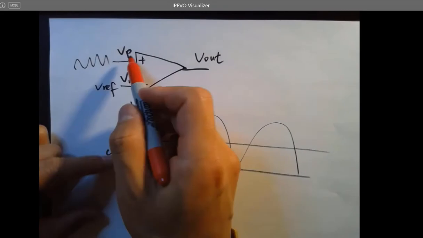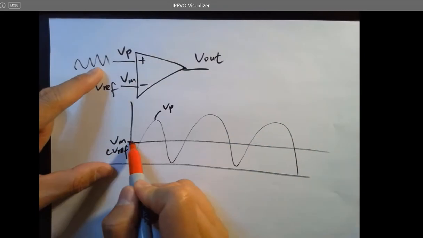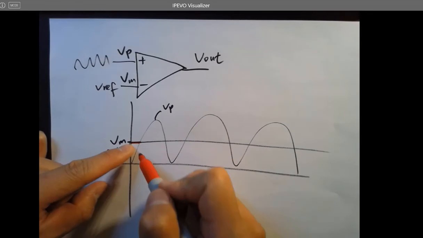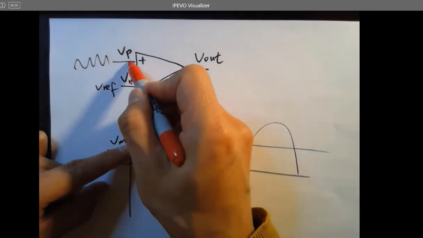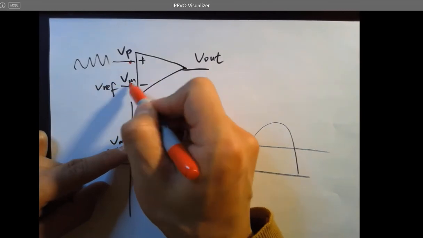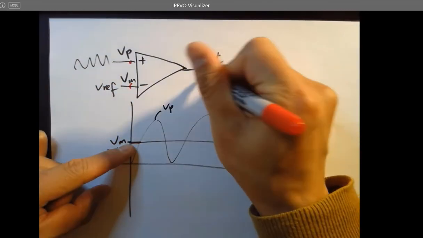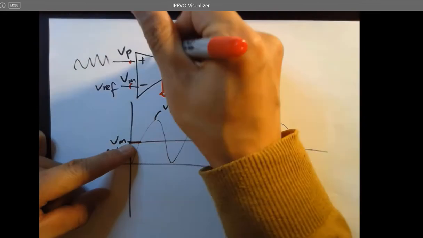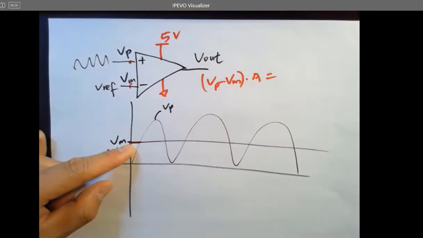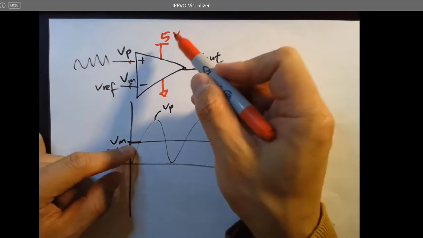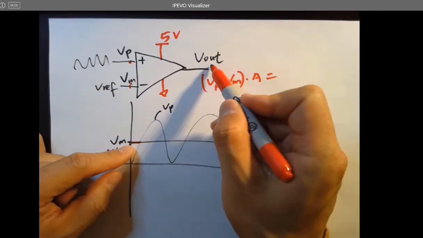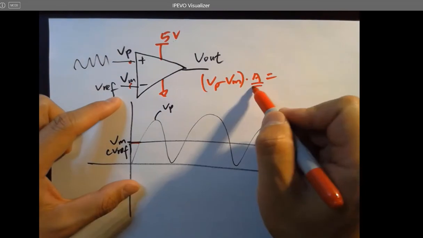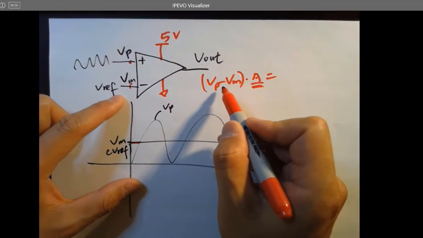So for example, if we are looking at this range here, Vm is larger than Vp. So Vp minus Vm times A, if we ground it, will be 0 volts. The maximum voltage you can get from V out will be 5 volts, and the minimum will be 0 volts. Even though A is huge, it is multiplied by a tiny difference over here.